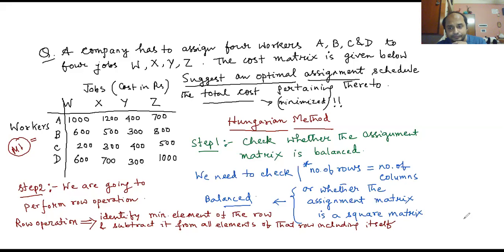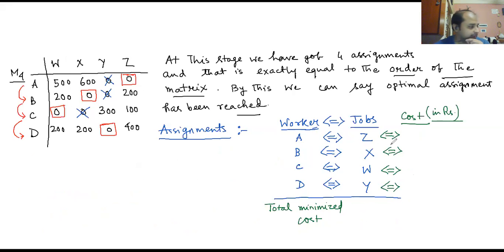So when A goes to Z, the cost is 700. When B goes to X, the cost is, oh sorry, I've made a mistake, the cost is 500. When C goes to W, the cost is 200.